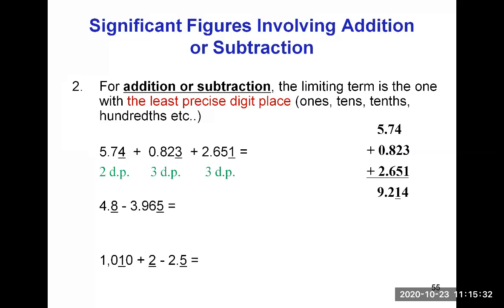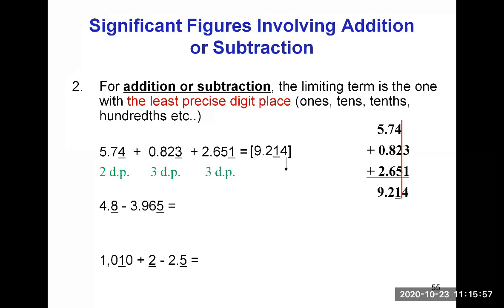And so you can see here when you align them, the least number of decimal places is 2. And you can draw a line vertically between the number that has the shortest number of digits. And this shows you that you will need to keep 2 decimal places in this example.